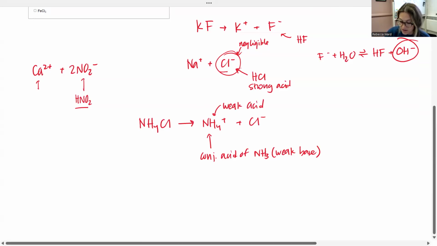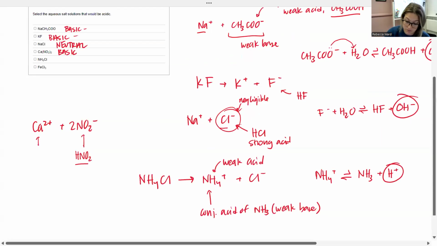So once ammonium chloride dissolves in solution, I'll have some NH4 plus. That dissociates slightly, some small equilibrium constant, but significant enough that we generate some extra H plus. That means we're going to have an acidic solution. So that's a correct answer.